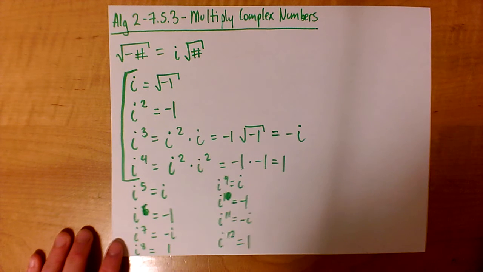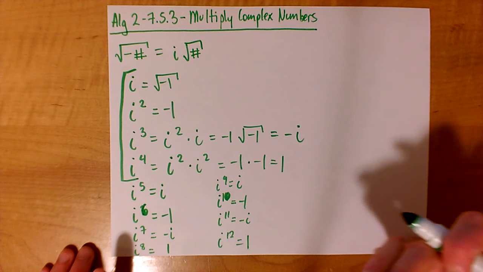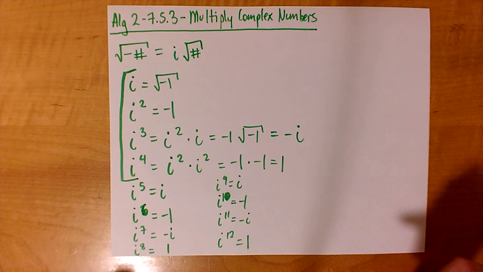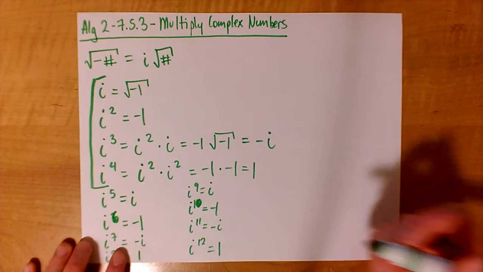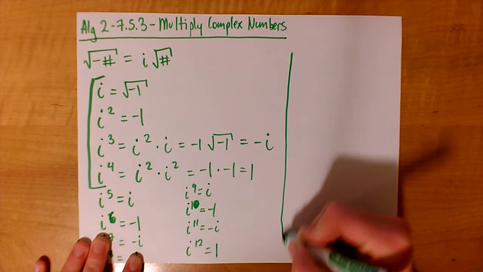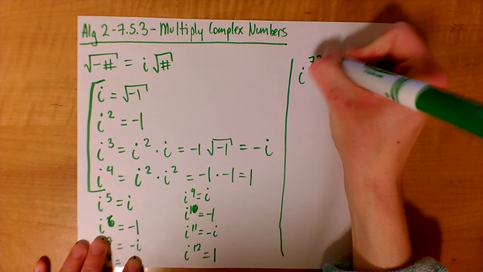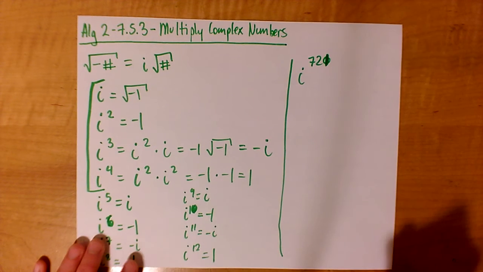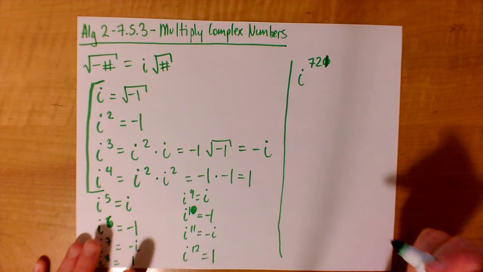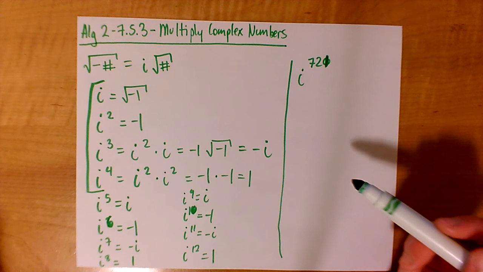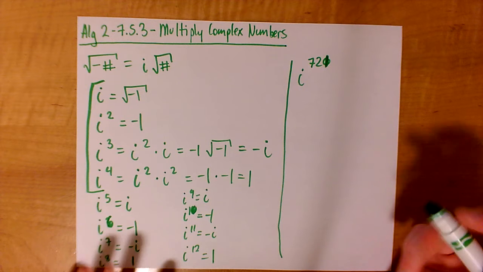And one way that we could figure out large powers of i without having to run through this pattern is you could just break it down to the closest multiple of 4. So, for example, let's say we're trying to figure out i to the 721. If we work backwards from 721, the next perfect multiple of 4 is 720.